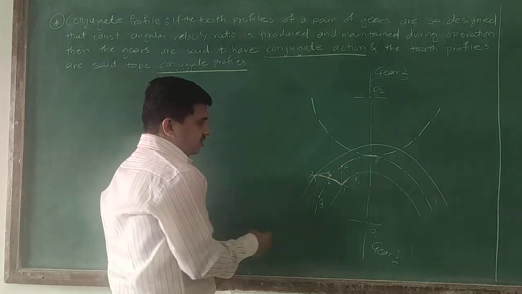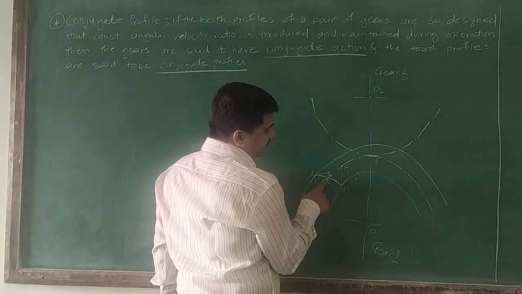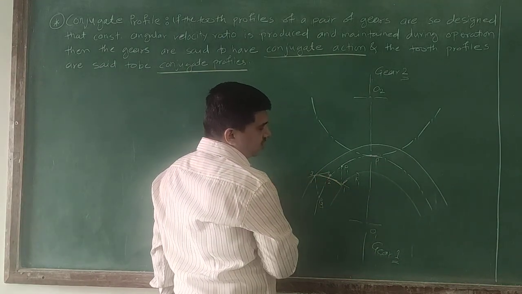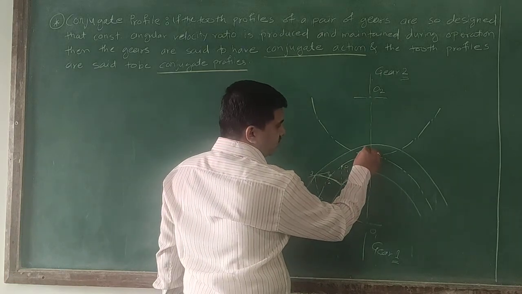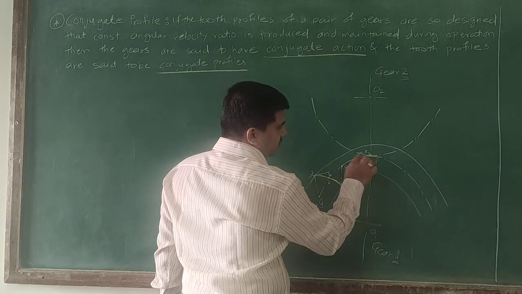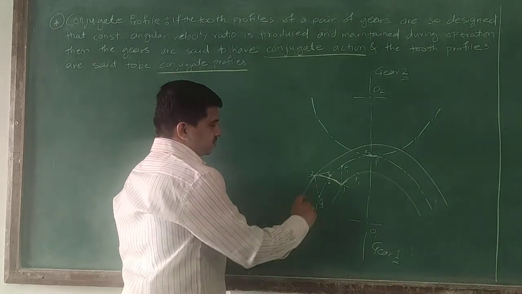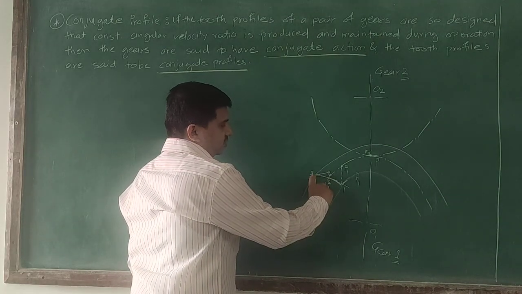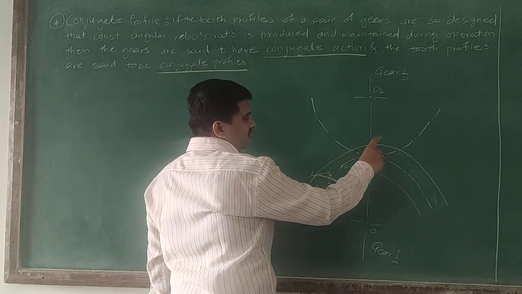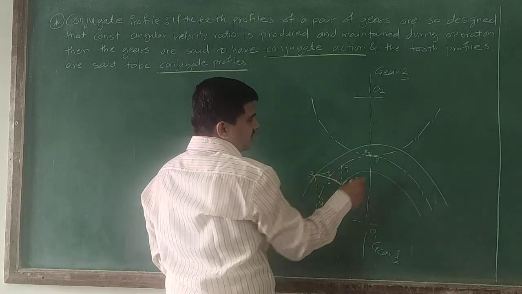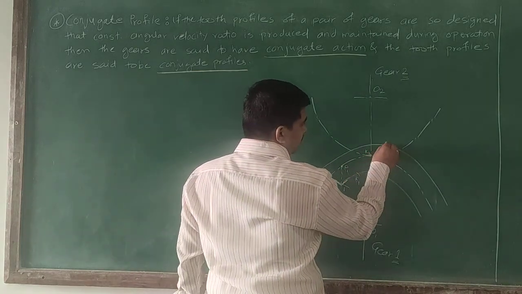Understood? Then as you can see that P2 and 2 both are coinciding. So our K2 point will be over here only on the P pitch point. Okay. Then P3 to 3, that we will measure. We will keep it on P and we will cut over here. So what we will be getting?